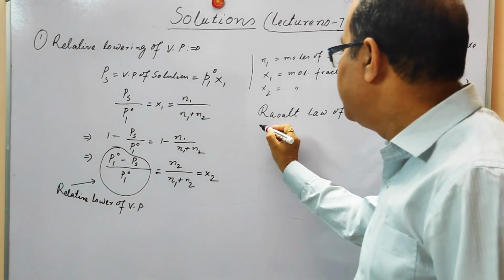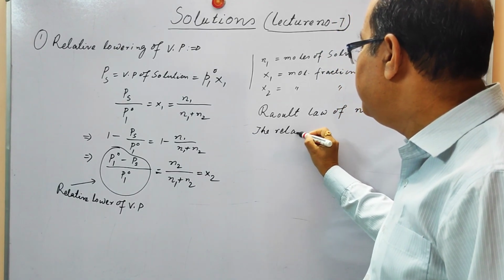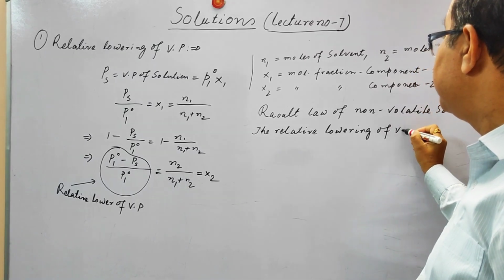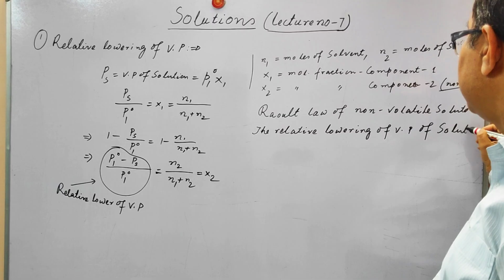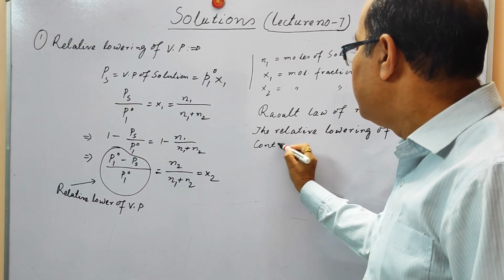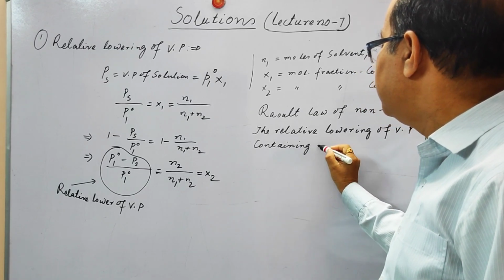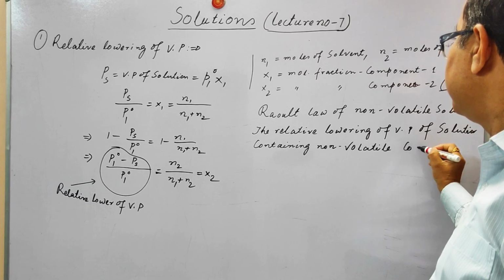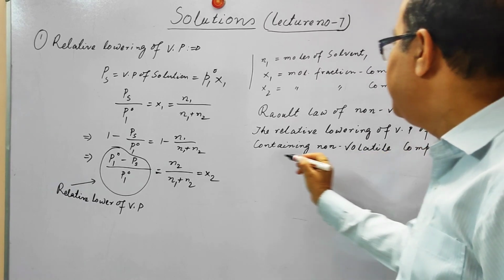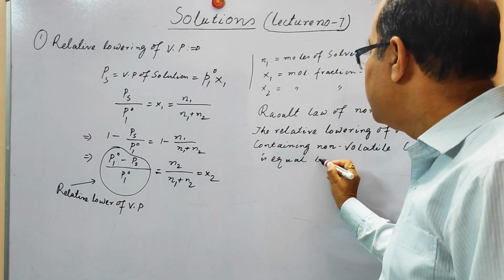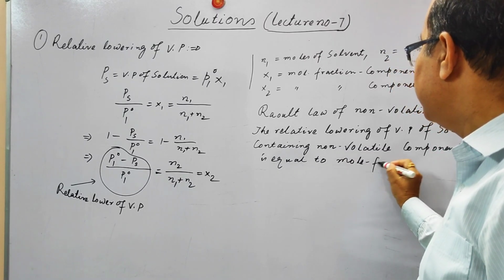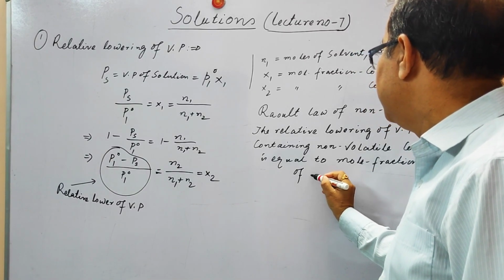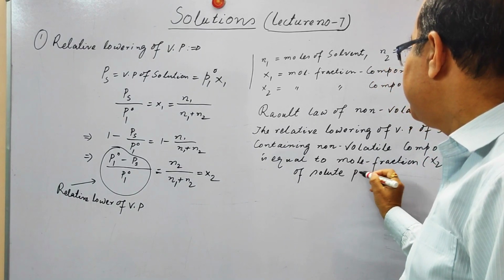What does it say? It says the relative lowering of vapor pressure of the solution containing a non-volatile substance, or non-volatile component, is equal to the mole fraction, very important, the mole fraction X2 of the solute present in the solution.